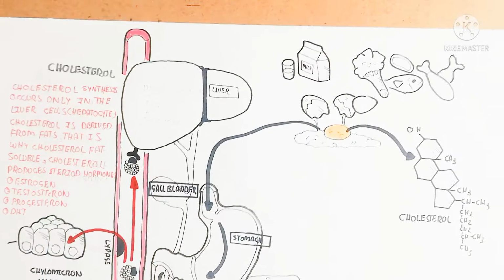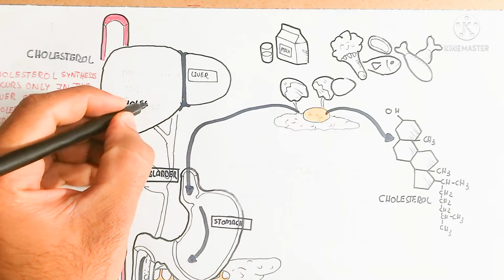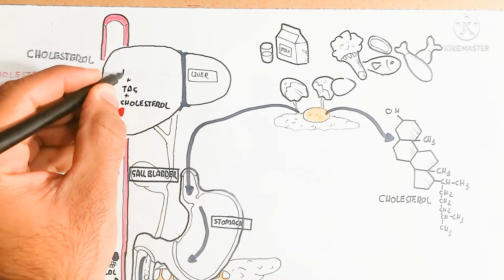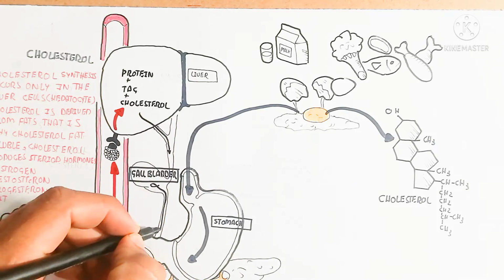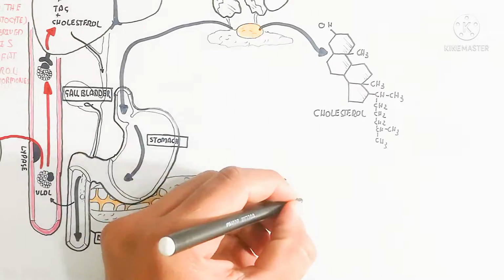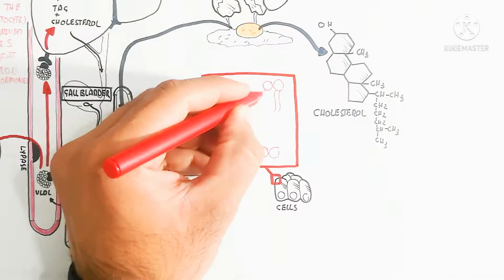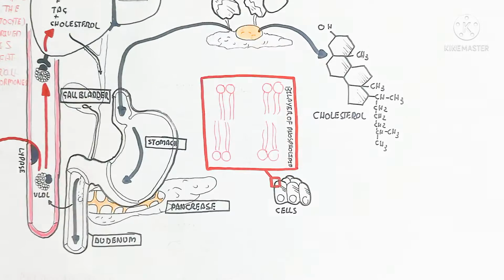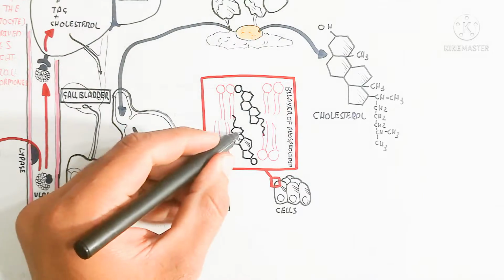The remnant chylomicron will be absorbed via endocytosis into the liver through the scavenger receptor, and extra cholesterol will be stored in the gallbladder. What does that mean? It means the extra cholesterol is not harmful, because it is excreted into the gallbladder.